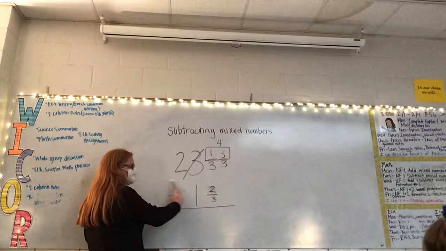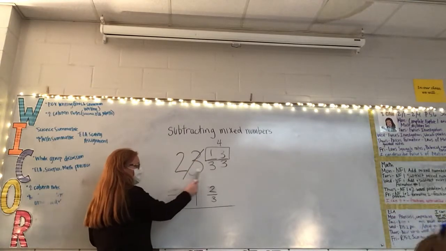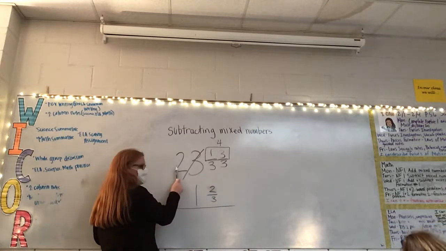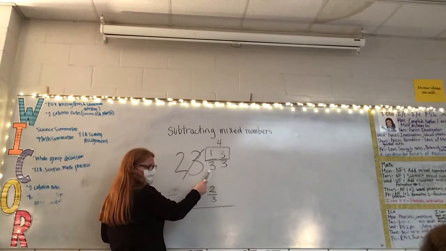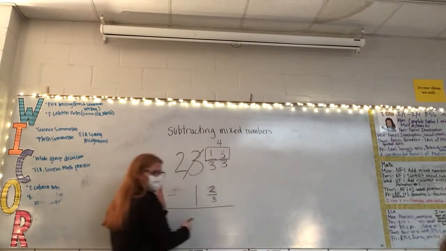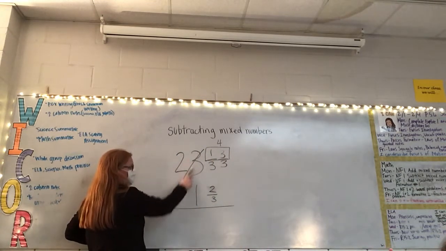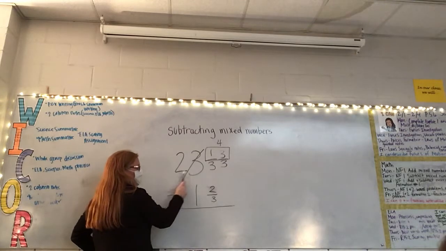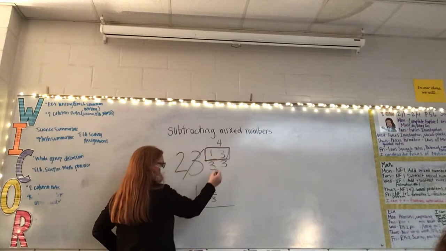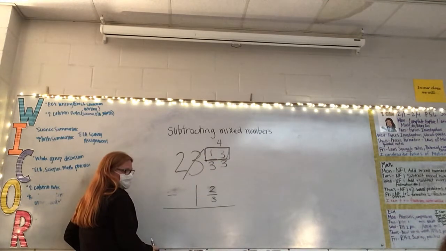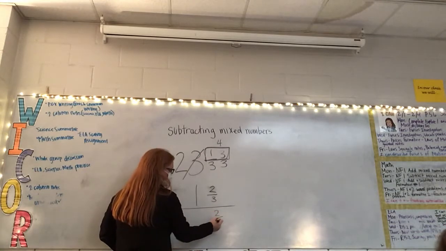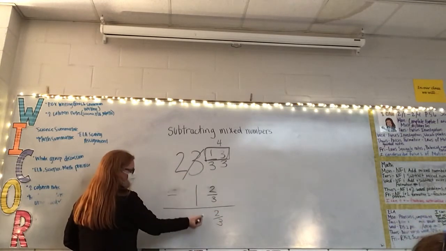It becomes a 4. Up here I took this away, so I had 2 1/3 and 3/3 more. So really I just have 2 4/3. Now I could make it this long equation and put it all together, but really I just have 4/3 minus 2/3. So what is 4/3 minus 2/3? 2/3. And what is 2 minus 1? 1.